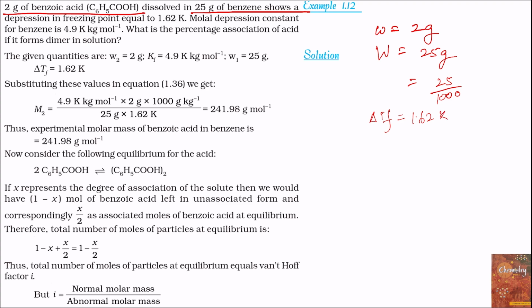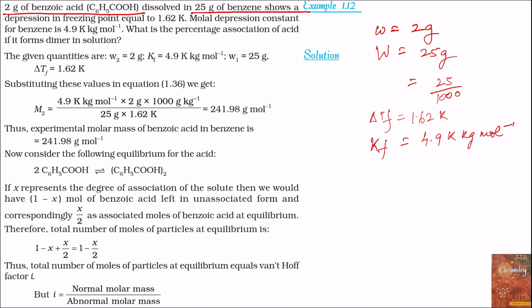Molar depression constant for benzene, that is value of Kf for benzene is 4.9 Kelvin kg per mole. What is the percentage association of acid if it forms dimer in solution? We need to find the percentage association.